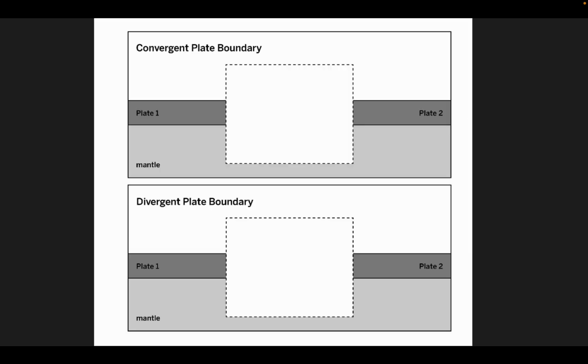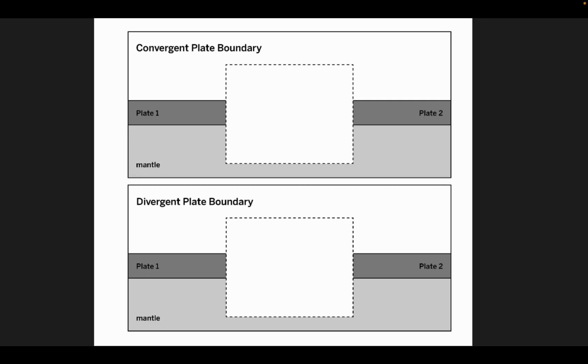All right, today you'll see in today's folder a packet that looks like this. This is just comparing convergent plate boundaries. So the very first page has kind of a space for you to fill in what you think is happening at convergent plate boundaries. So the question is, what interaction is taking place between the plates and the mantle at convergent plate boundaries, and again at divergent plate boundaries?